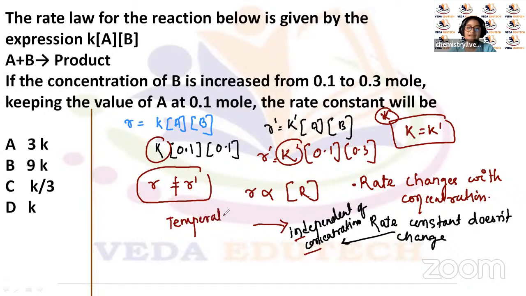It depends on temperature and addition of catalyst. So the rate constant will change only if you change the temperature or if you add a catalyst.